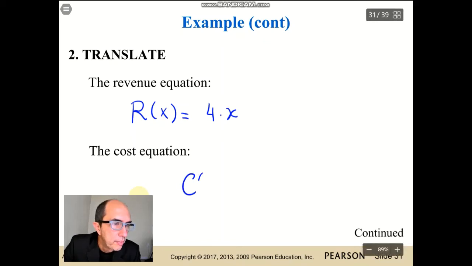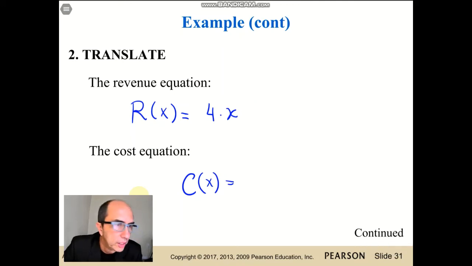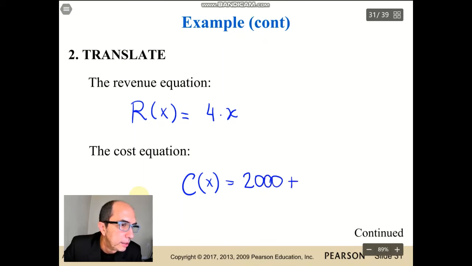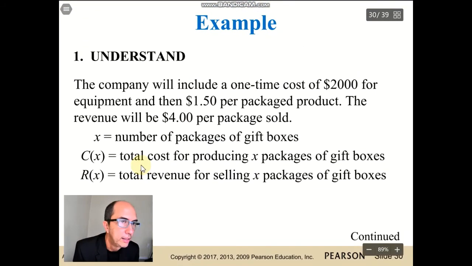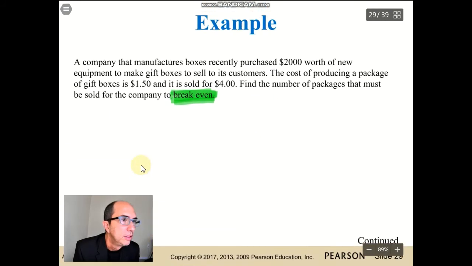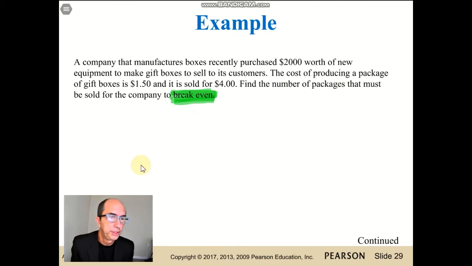And the cost. This is the total revenue. And the total cost. The total cost is going to be $2,000, the amount that is spent just one time for the fixed costs, represented here by the purchase of the equipment that was purchased to make the gift boxes, all the machinery acquired to produce the gift boxes.